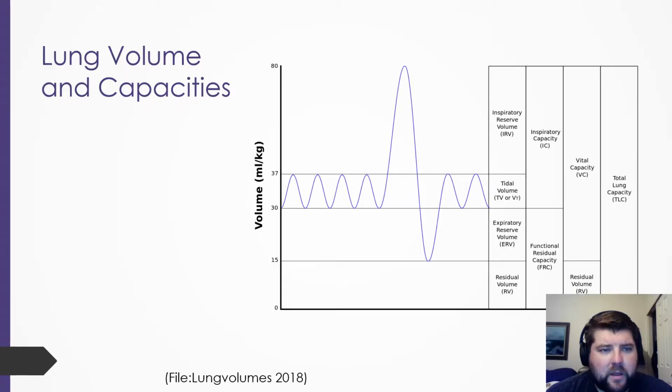So when we think about lung capacity and lung volume, it's a good idea to visualize this graph here. Most of the breathing that takes place is within the tidal volume, which is between the 30 and the 37 here in milliliters per kilogram.